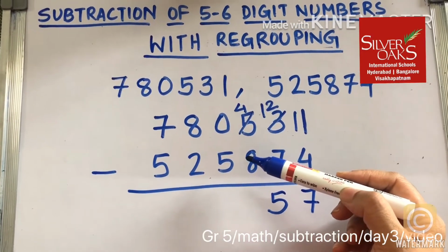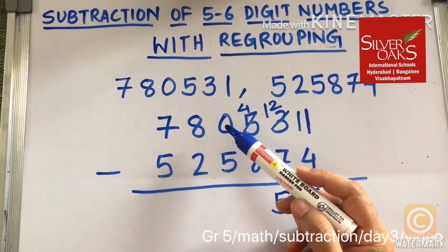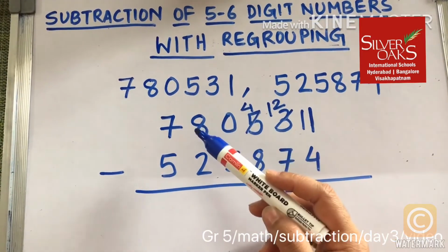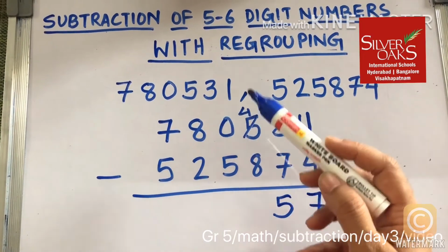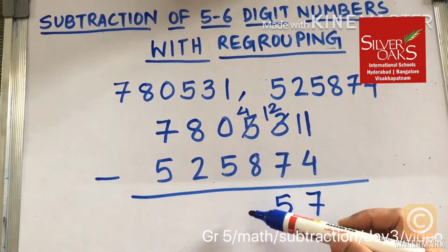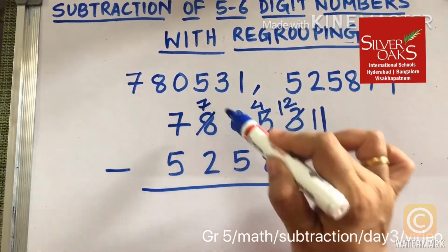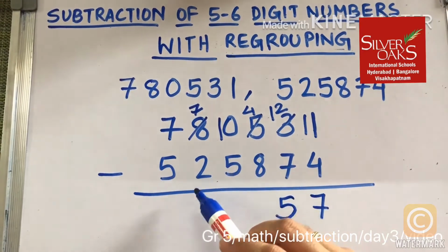No. So we have to borrow from 0. But wait, can we borrow from 0? No, right? So you have to go one step further. So first you need to regroup 0, then you need to regroup it further. So I'll borrow from 8, 8 becomes 7, 0 becomes 10. So first you have regrouped 0.